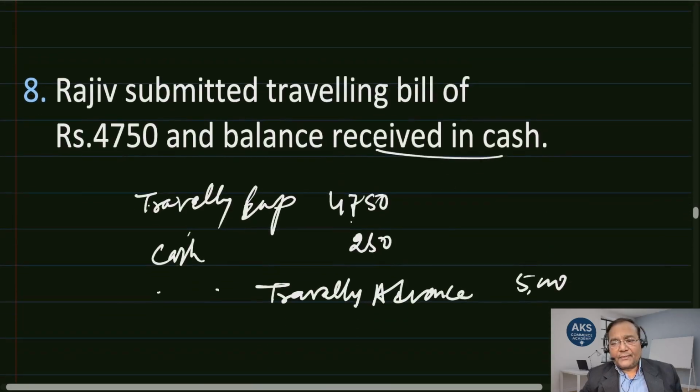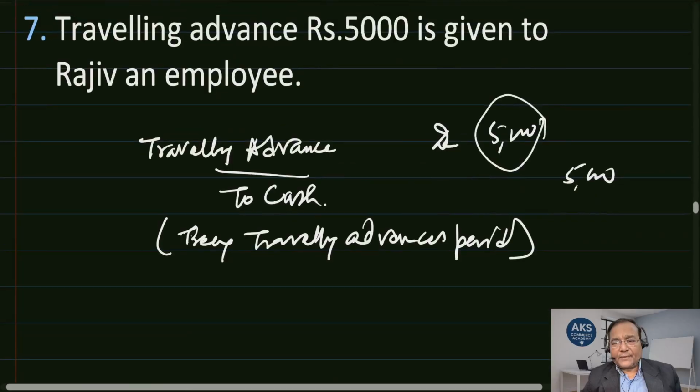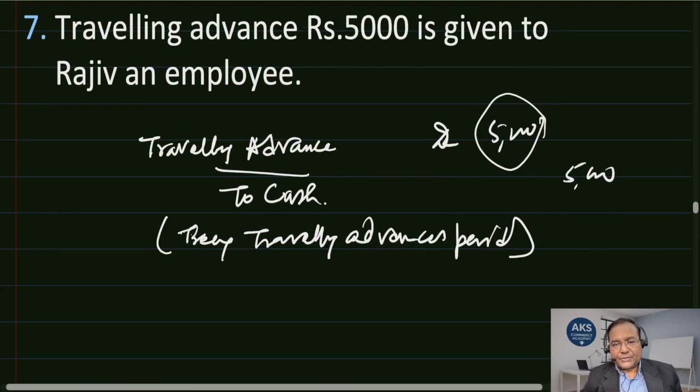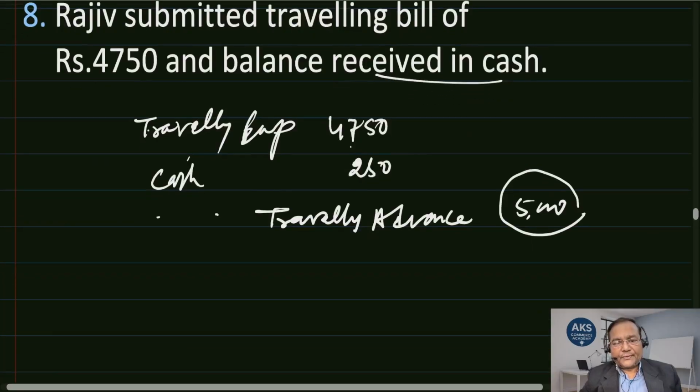Subsequently, when traveling advance is settled, it is credited. So now it is nullified. Cash which was credited because of the payment made against traveling advance, 5,000, out of which 250 is received, is debited, and 4,750 was spent as per the invoice. So it is entered as traveling expense, cash debit to traveling advance. I hope this is clear. So being traveling expenses settled.